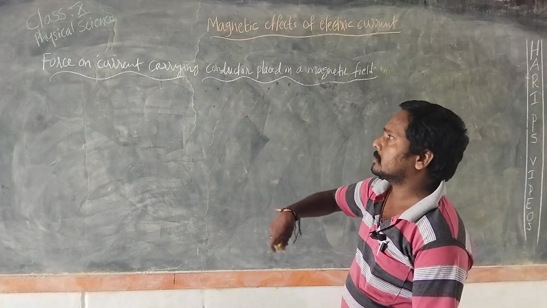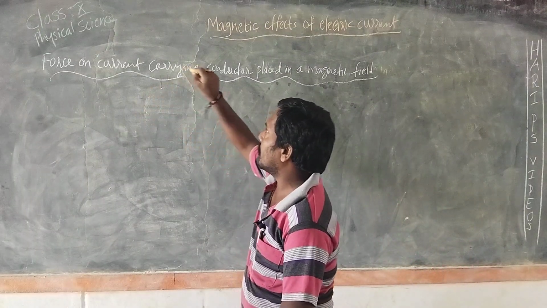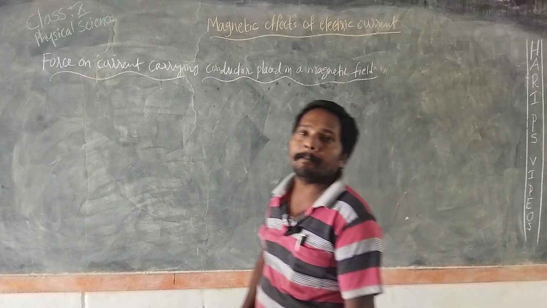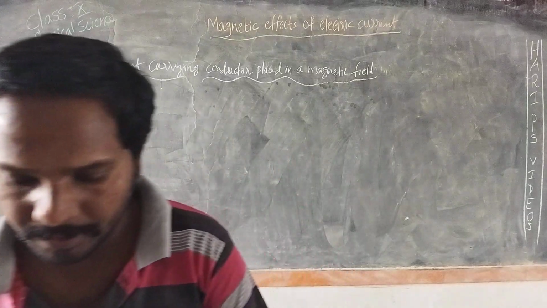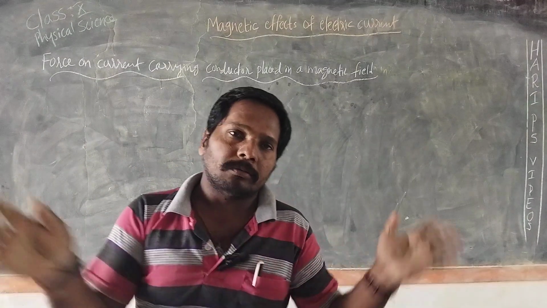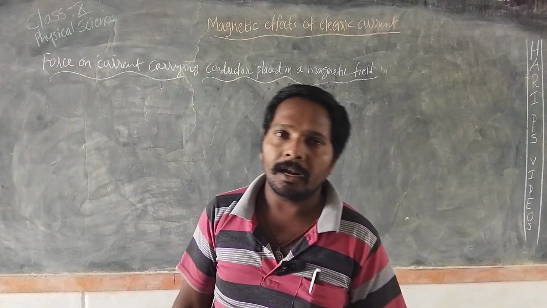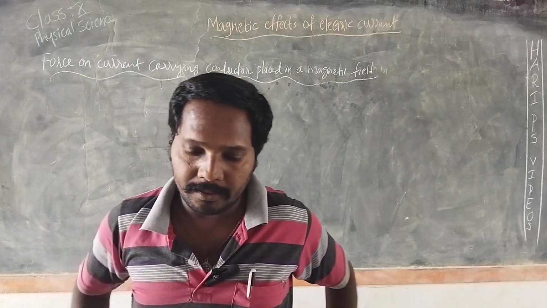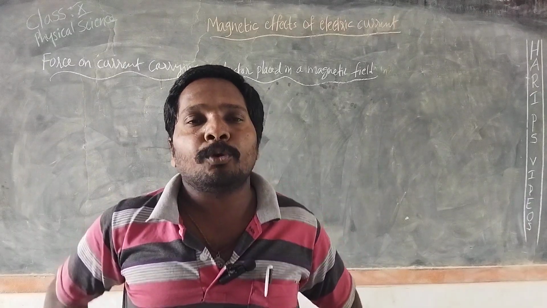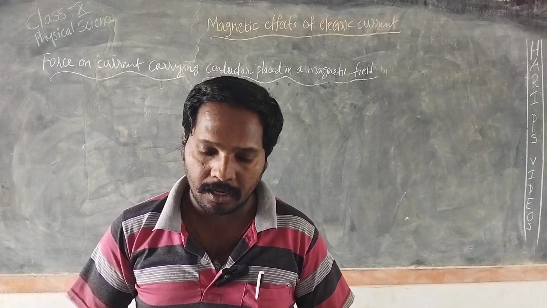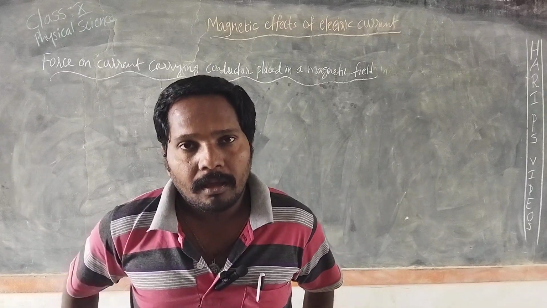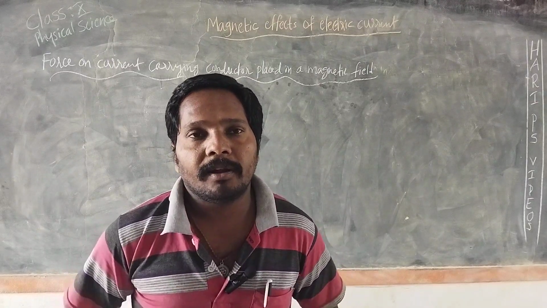So let us discuss the force on a current carrying conductor placed in a magnetic field. We already know Oersted's experiment, which shows that a current carrying wire produces a magnetic field around it. How can you say that a magnetic field is created?